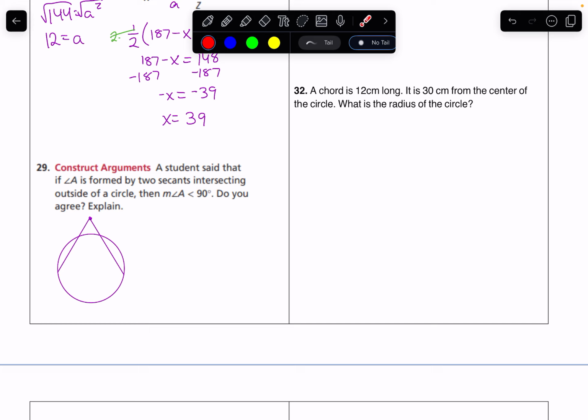The tangent lines can't make a 180 degree arc, so these angles can't make a 180 degree arc either. Is that a really good explanation? I'm not sure. I'm thinking maybe 29 is probably not useful for us and not applicable to the test. So I'm going to go ahead and cross that one off for us, because we're really not going to need to know that information to that detail about secants.